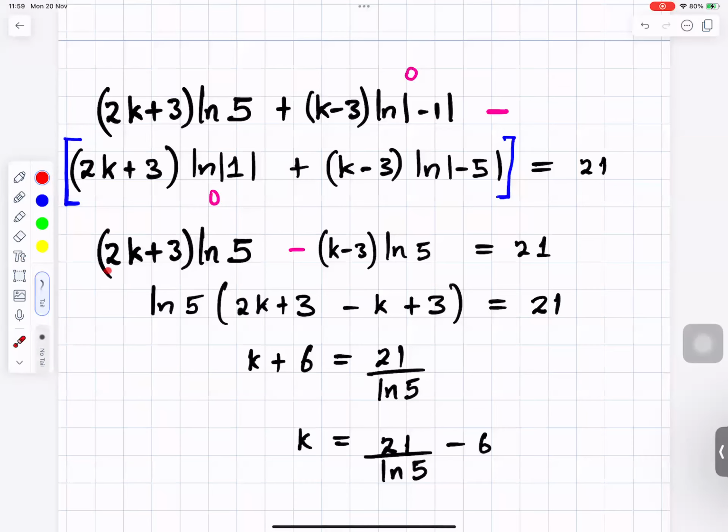You simplify: 2k plus 3 ln 5 minus k minus 3 ln 5. So you take ln 5 out of the bracket, and then you subtract this. 2k minus k is k. 3 plus 3 is 6. And that equals 21 over ln 5. So k is 21 over ln 5 minus 6.